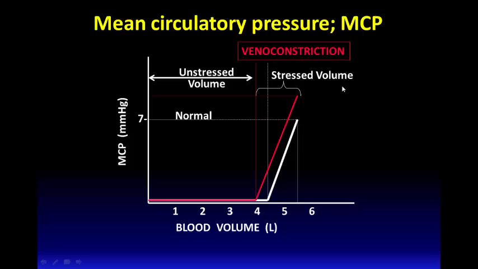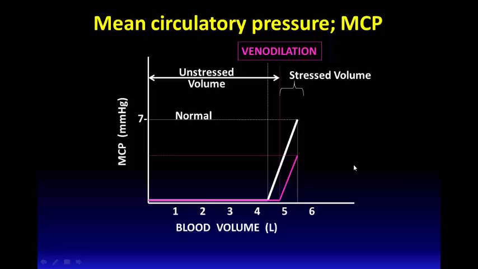So hence, when the stressed volume increases with venoconstriction, the mean circulatory pressure increases and now reaches a higher value than when the veins are not under venoconstriction. The opposite is true when we have venodilatation resulting in an increase in the venous capacity.